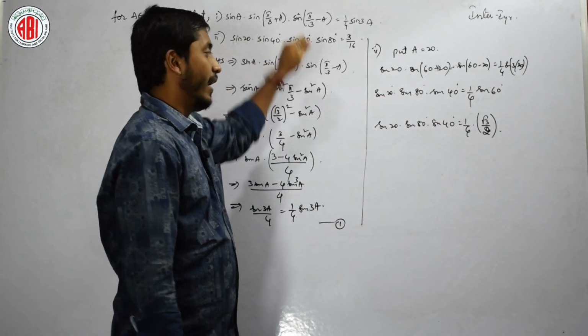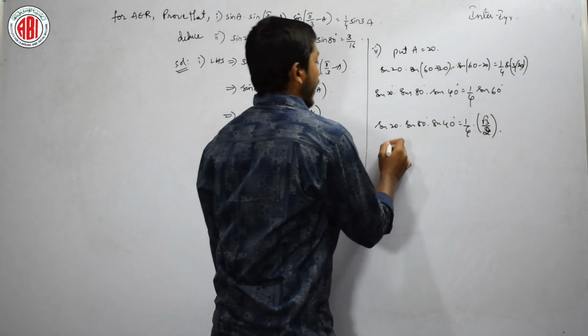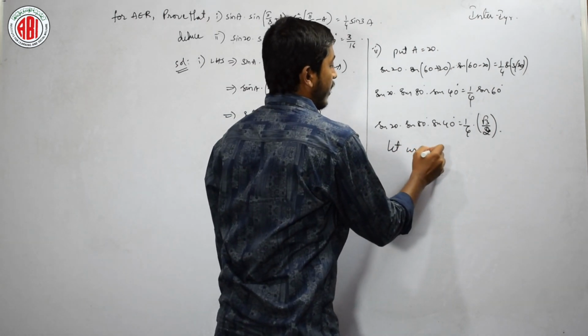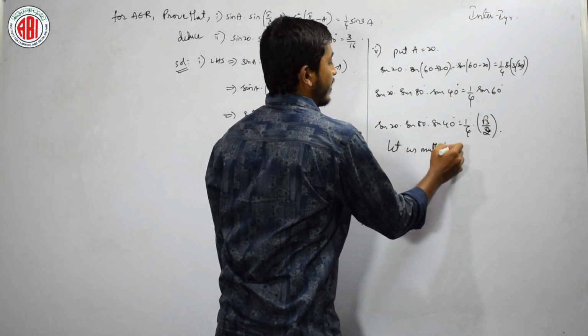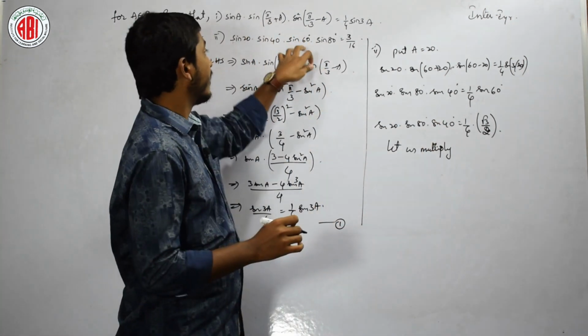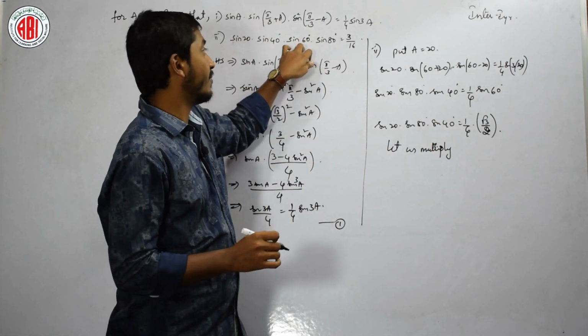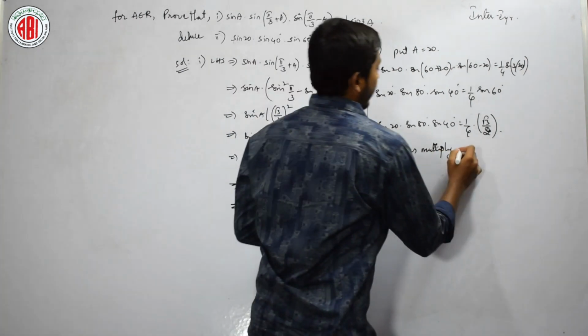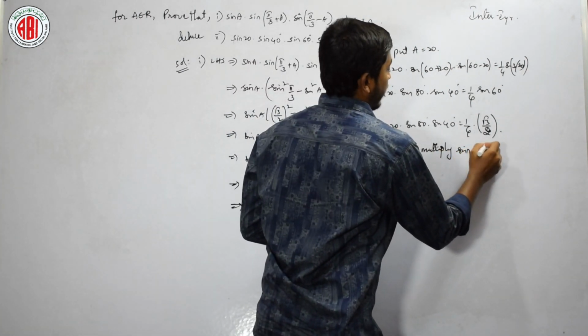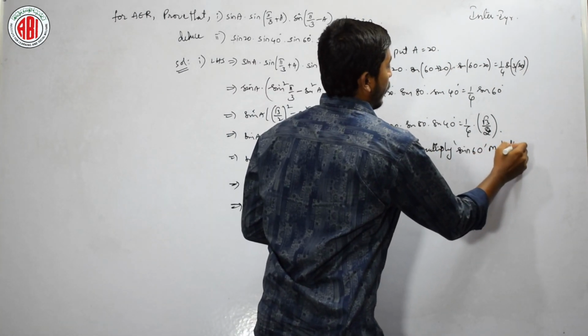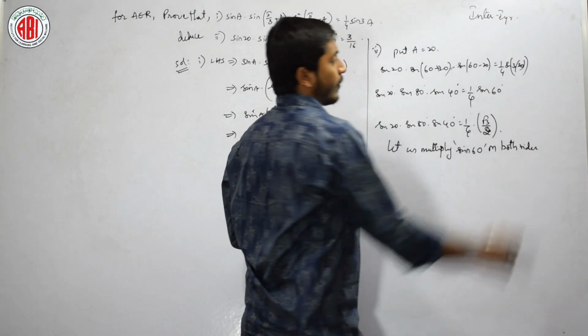Is it clear? Now what we have to do is multiply what is left on the left hand side. Let us multiply the left out term, that is sine 60, on both sides.